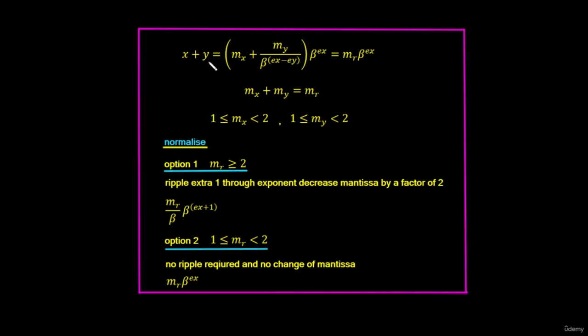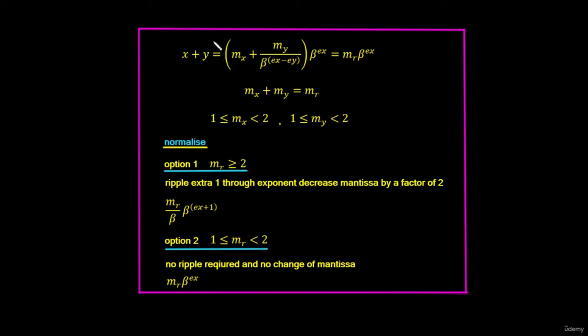So if we had x plus y, then we're going to take the mantissa for x and we're going to add on the mantissa for y. But we can't add the mantissa for y until we have divided the mantissa out by this factor here.